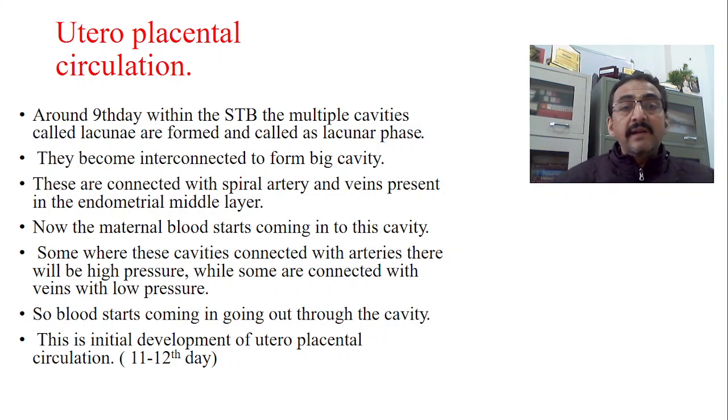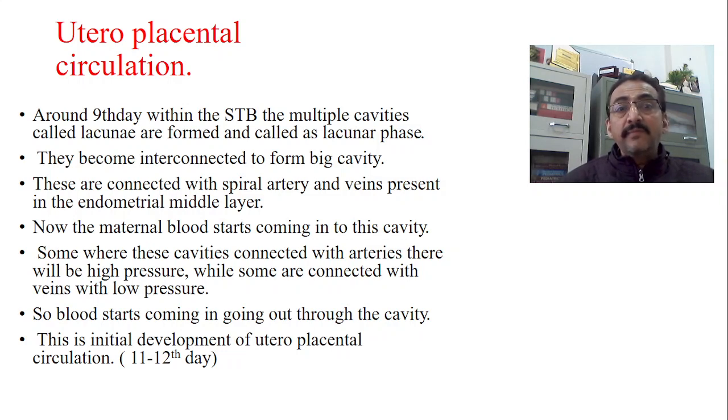Now these are connected with the spiral arteries and the veins present in the endometrial middle layer, which we know always has more vasculature. This big cavity is now interconnected by the spiral arteries from the endometrial middle layer.